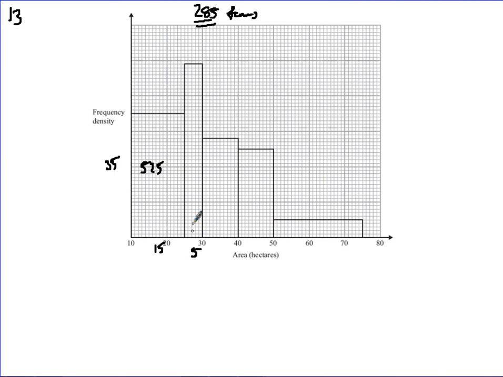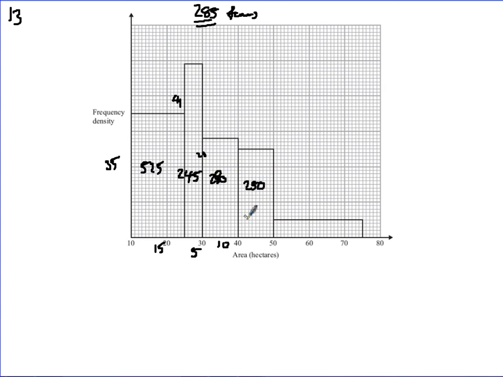This is then 5 squares across, and 10, 20, 30, 40, 49 squares up. So 49 times 5, 245. Then we've got 10 times 28, so that's 280. We've then got 25 here by 10, which is 250.